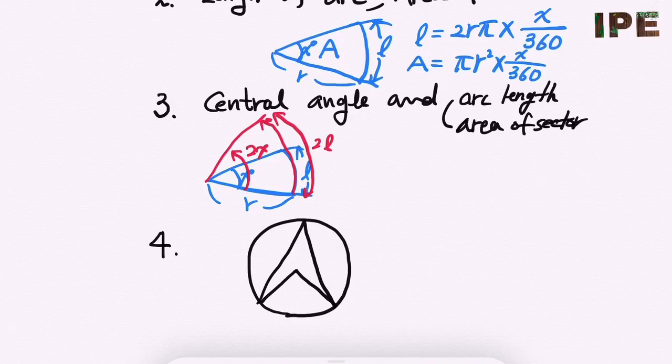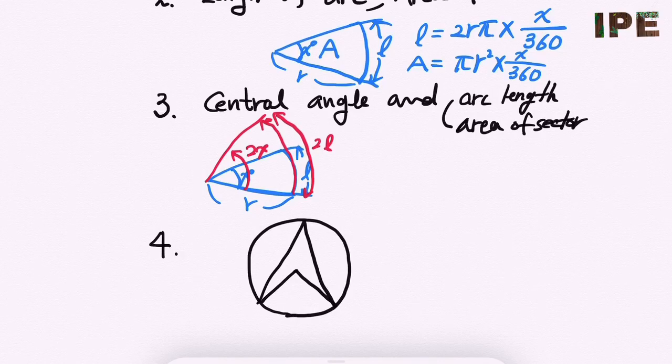If the central angle is 3 times, the length of arc and the sector's area are 3 times. So the central angle and the length of arc or area of sector are always directly proportional. Some SAT problems actually ask whether you understand this or not.